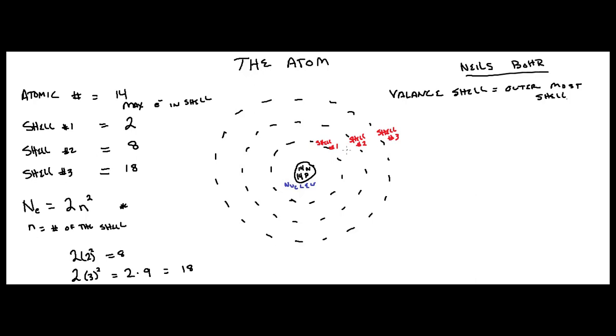So what happens if you have a valence band? We haven't talked about this too much yet, but you have a valence band and all of a sudden it gains an electron. Well, that means you're going to have one more electron than you do protons, so the net charge of the atom is going to be negative. All right?